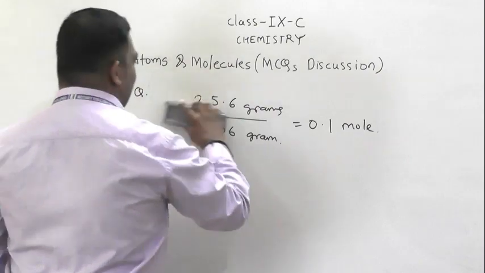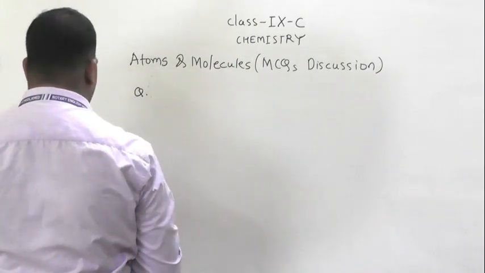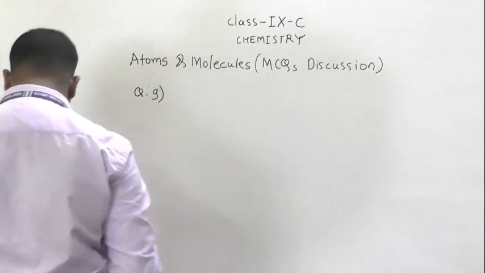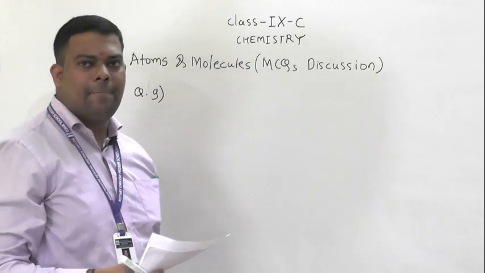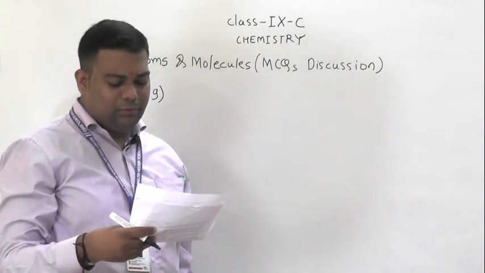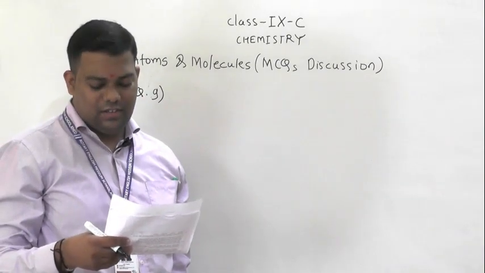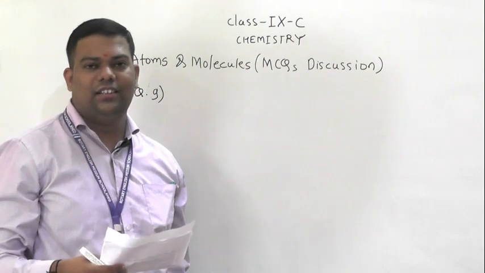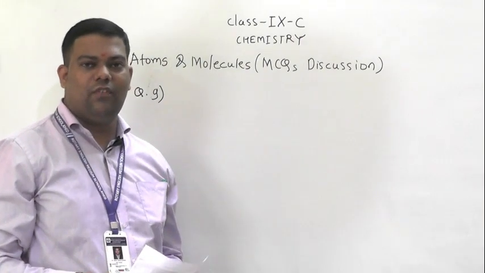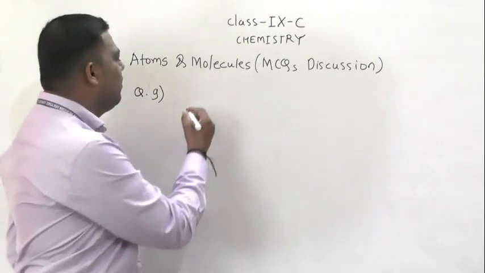Question number 9. What are they asking in question number 9? How many grams of sodium oxalate are to be weighed to get 0.1 mole of sodium oxalate? They already gave the formula of sodium oxalate, that is Na2C2O4.